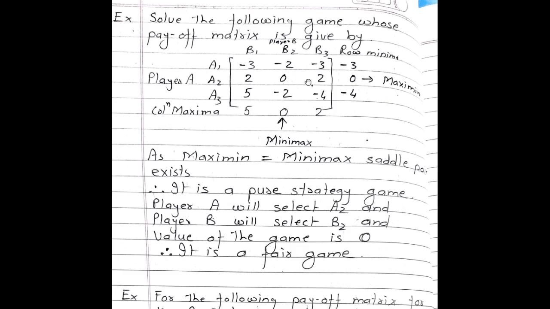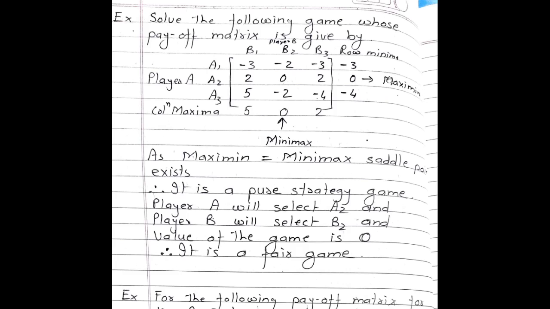2, 0, 2. The minimum element is 0. 5, -2, -4. The minimum element is -4. So after getting the minimum elements, pick up the maximum element, put an arrow, and we call it maximin. So 0 is the maximin value.